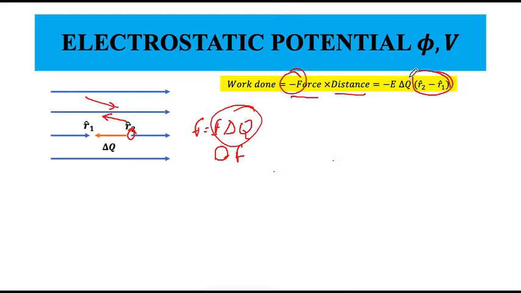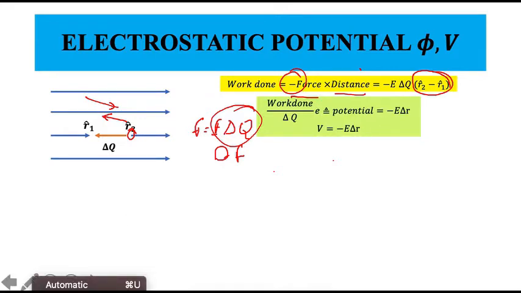Let's say I moved the distance from R2 to R1 along this path. So I moved a distance of R2 minus R1. If I now define how much work I need to perform in order to move one unit charge, I define this as potential.